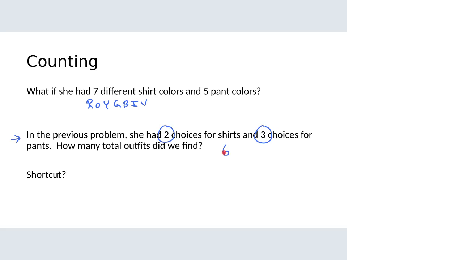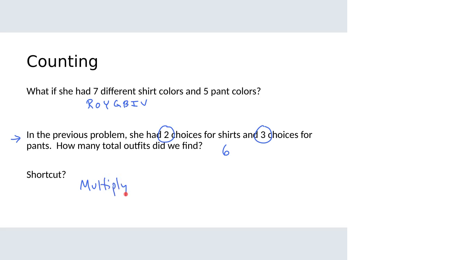Your instinct is correct here. What's the shortcut? Instead of listing them out, what could we do? Excellent. Zara, Riley, Caroline, you're all right. We are going to multiply. Our shortcut is multiply.